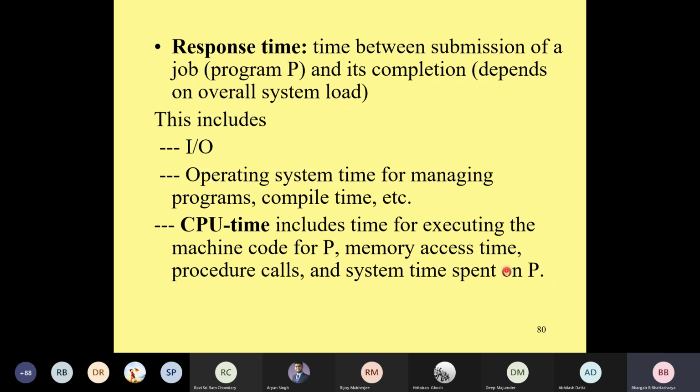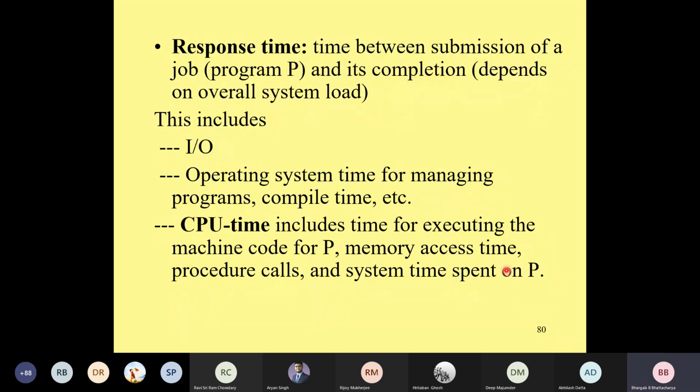Now CPU time means it is the time which is needed for executing the machine code of P on the processor itself, including the memory access time, but excluding compile and operating system time. So it is the time exclusively required by the machine for executing your program. Of course, it includes memory access time because memory you have to access anyway during the course of execution.